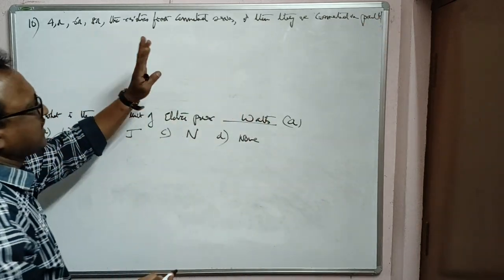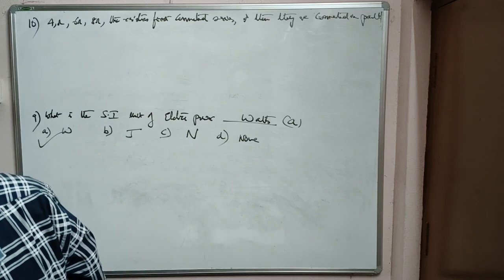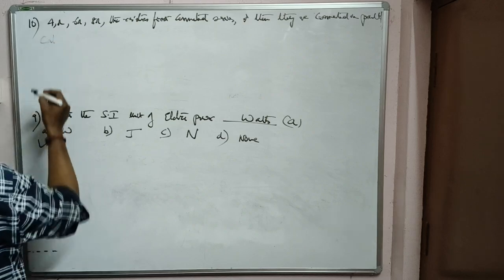So these resistors are first connected in series and then are connected in parallel. Calculate the ratio of resistance in series to that of parallel.